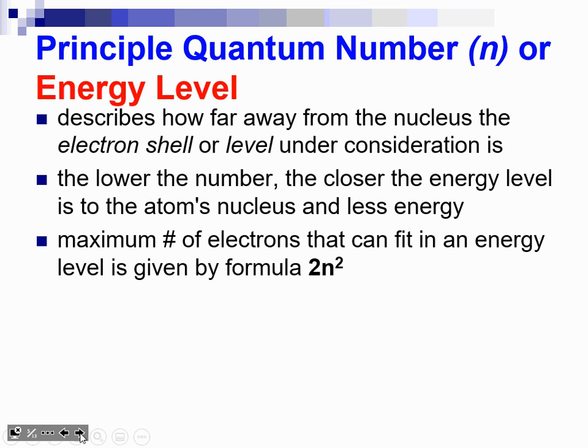The second energy level, n is equal to 2. 2 squared is 4. 4 times 2 is 8. So there could be 8 electrons on the second energy level. So on and so on. Third energy level, 3 squared is 9, times 2 is 18. So I could go on and on, but I think you get it by now. That's not too tough of math.